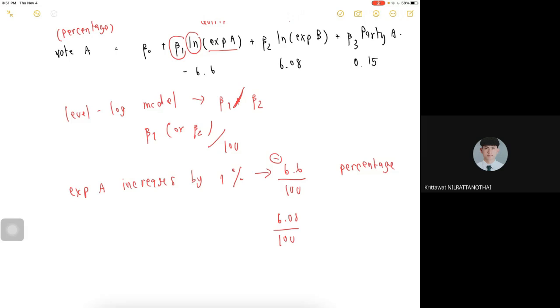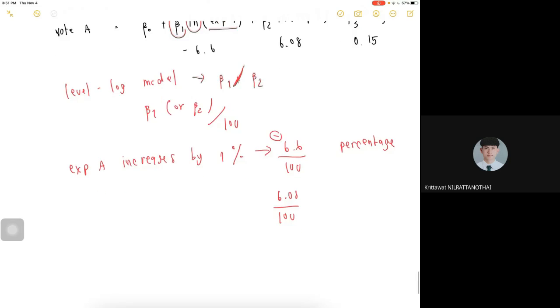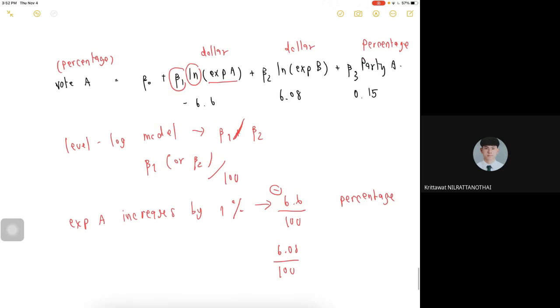How much? It's about 0.6%, yeah, 0.6% for vote A. So that is how you interpret beta 1 and beta 2. But how about beta 3?